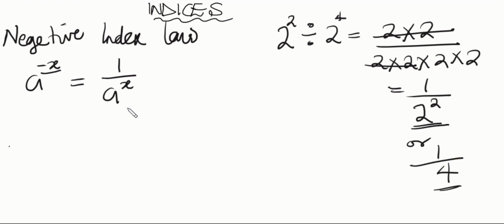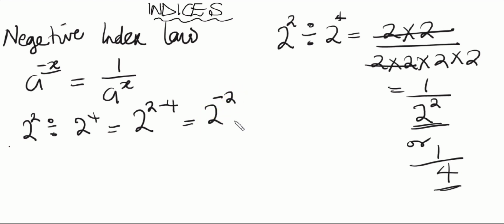So now let's solve it using the negative index law. We have 2 raised to the power 2 divided by 2 raised to the power 4. First of all, I'm going to use the division law like we have learned. Using the division law, this gives you 2 raised to the power 2 minus 4. 2 minus 4 is minus 2, so this is 2 raised to the power minus 2.